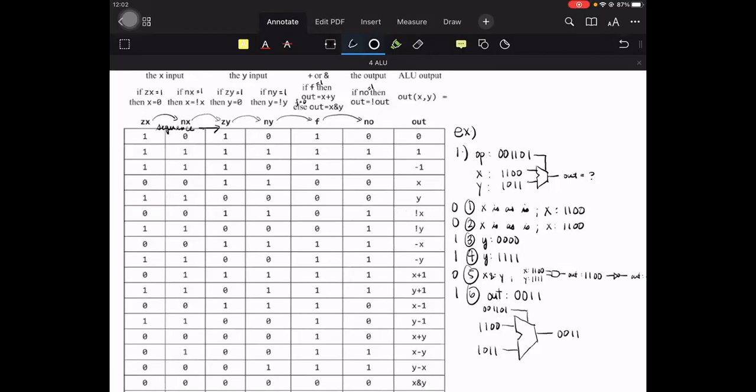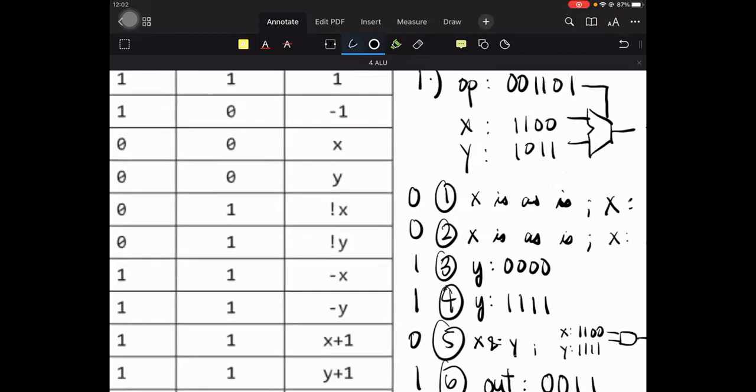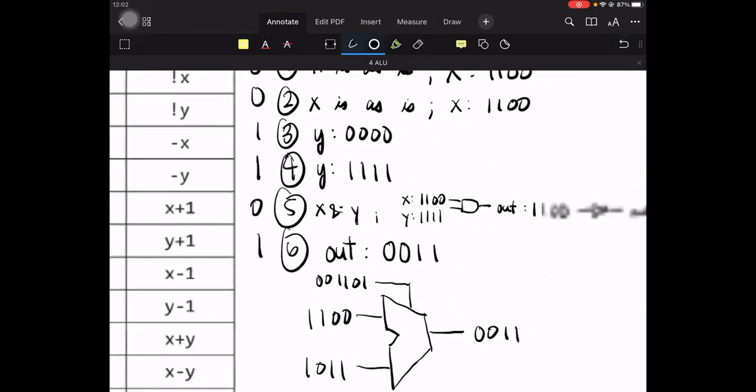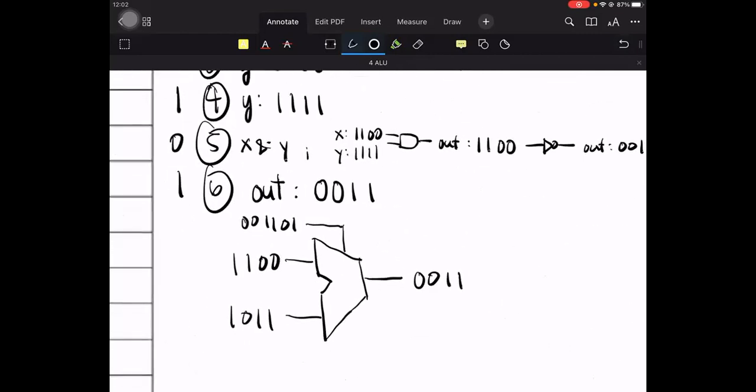So in the end, magically, we ended up at this operation, NOT X. Right? Is this output the NOT of this input, ignoring Y?